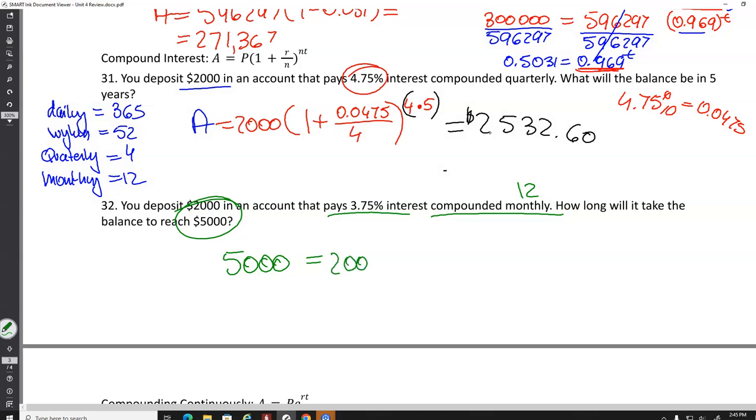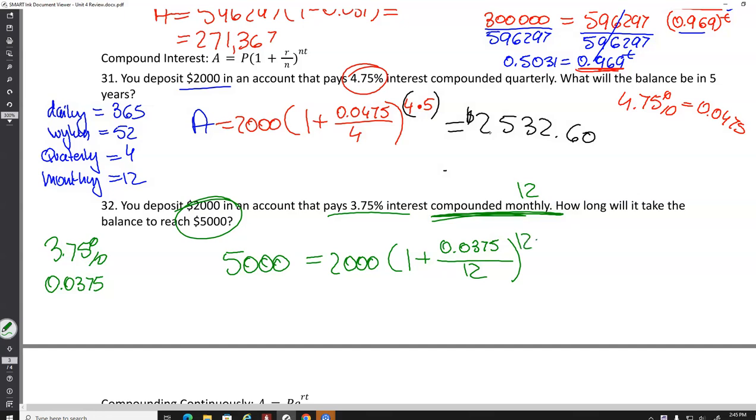So you started again with 2,000. The amount is growing. You got 3.75% interest, so that's 0.0375 in decimal. You're going to divide it by 12, since it's compounded monthly, and that 12 is going to go right here to the time. Unfortunately, we don't know the time. That's what we're solving for.